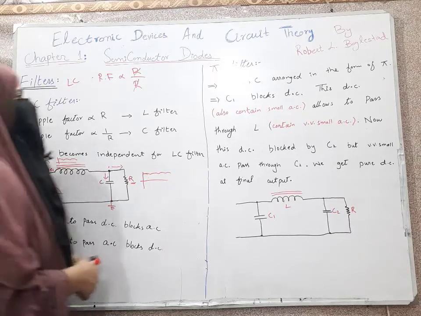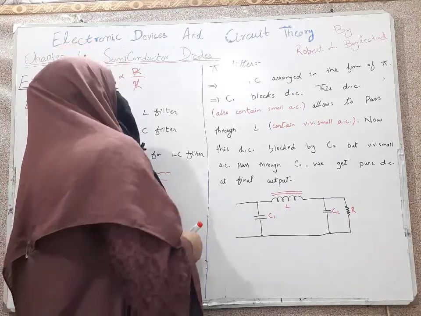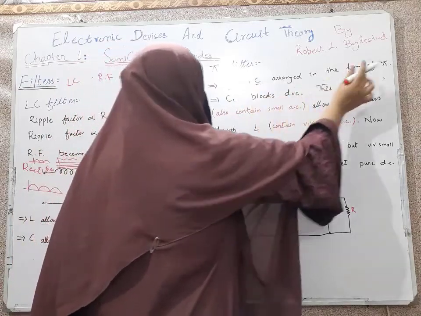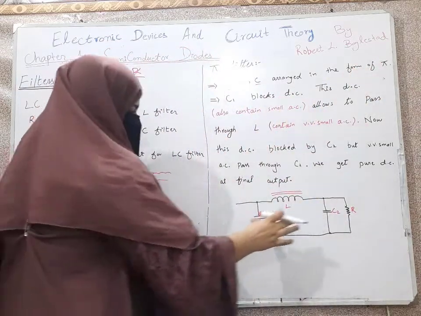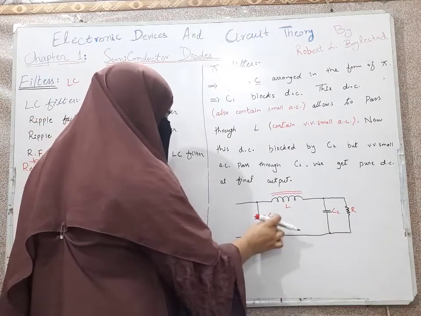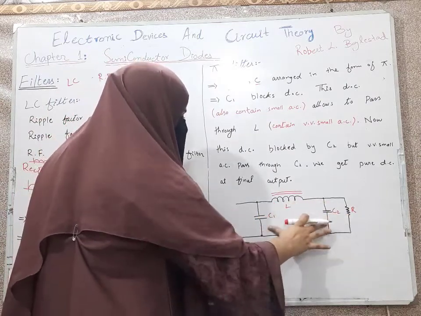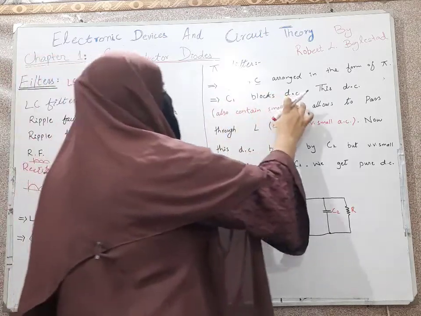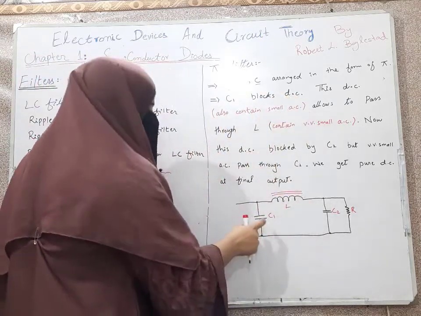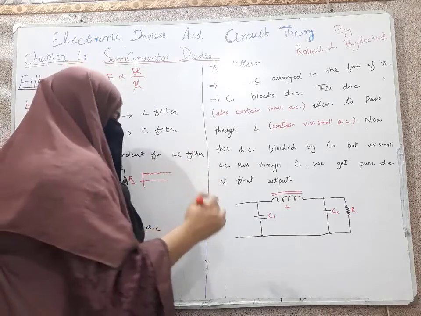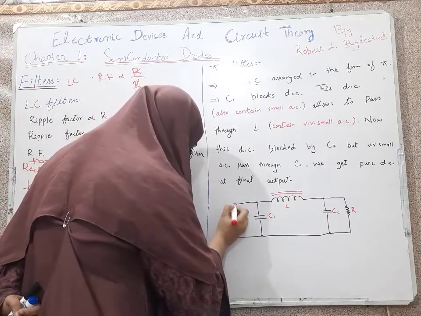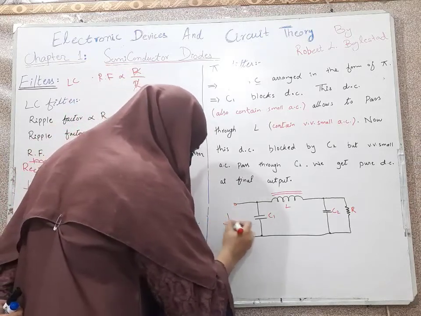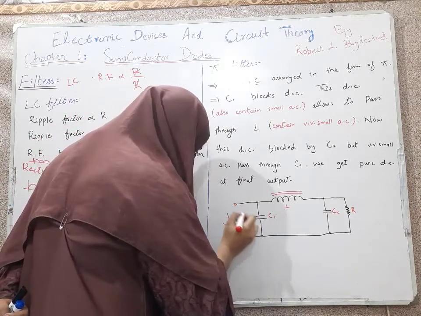Now we will discuss pi filters. Capacitor, inductor, capacitor are arranged in the form of pi. It is mentioned here: capacitor, inductor and capacitor are arranged in the form of pi. C1 blocks the DC. This is our rectifier output, and our rectifier output will be in this form.